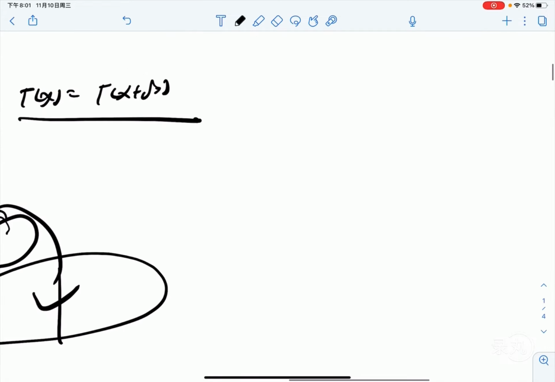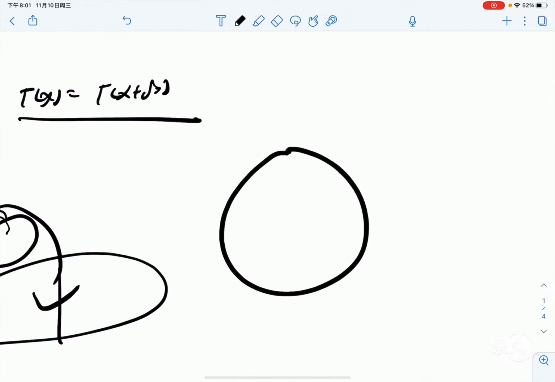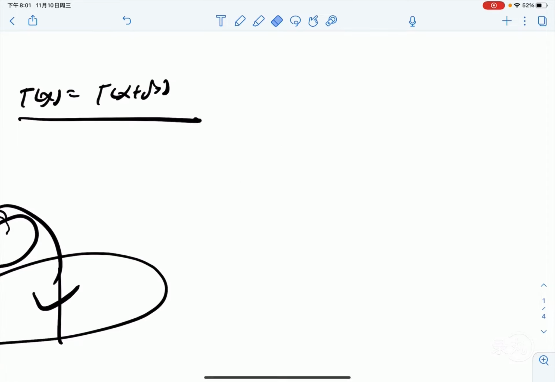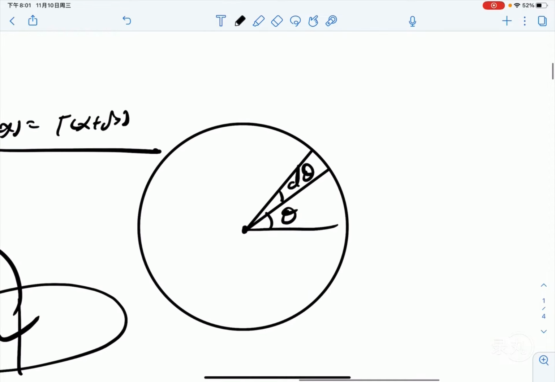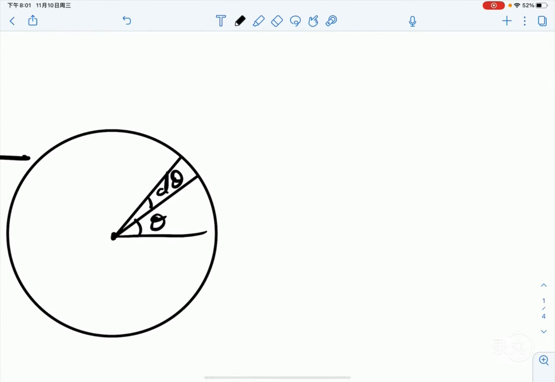Okay, if we have a circle over here, and we want to analyze this part, from theta to theta plus d theta. We can see that the tension is perpendicular to this part.